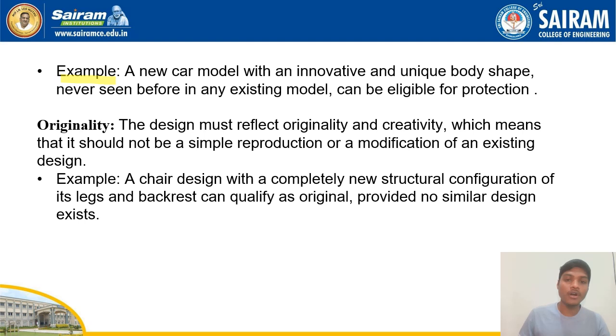When a new car model is launched, it should have a unique body shape never seen before in the existing models, and then it will be eligible for protection. So the car we design should be innovative and have a unique shape and features compared with any existing model. Now we'll see originality.